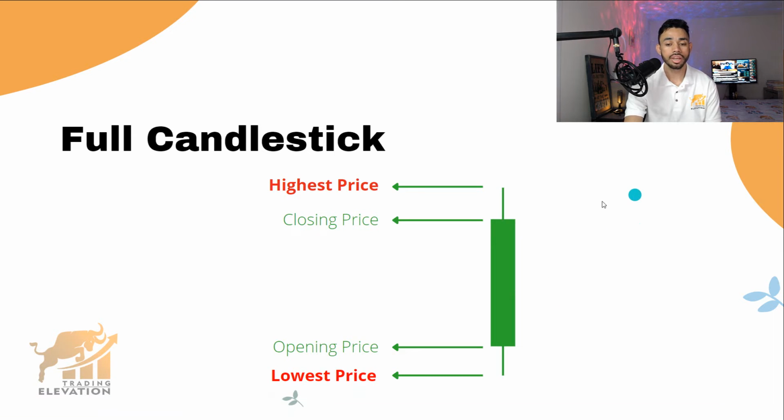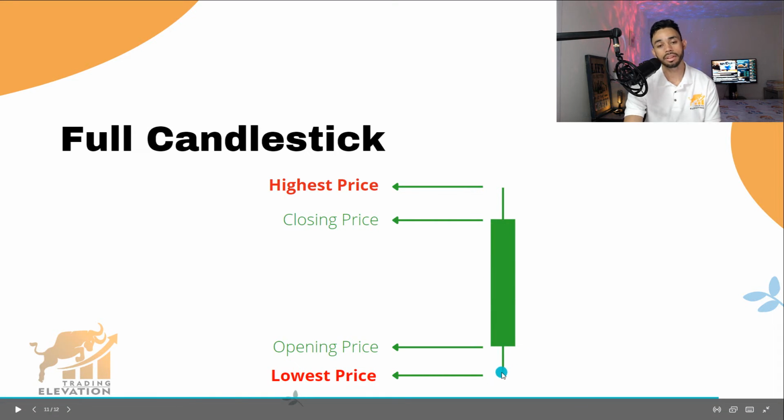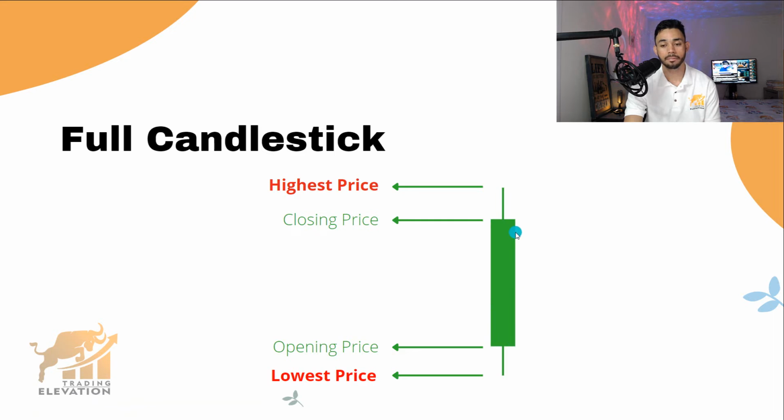So as you can see, now we have the opening price, closing price, we have the highest point, we have the lowest point, or simply the lowest price and highest price, and then we have a whole candle body. This is a very solid and clear candlestick.